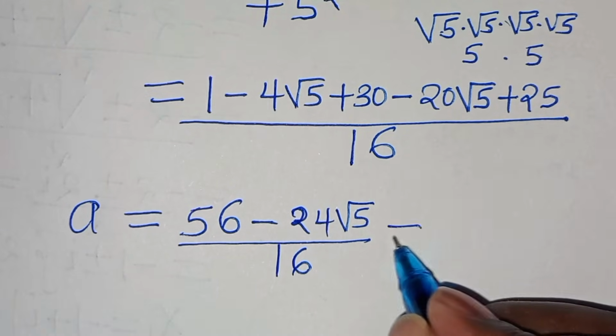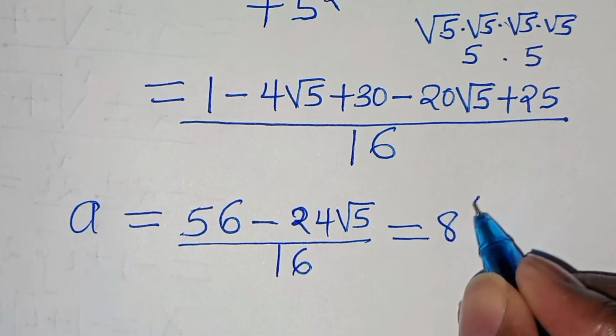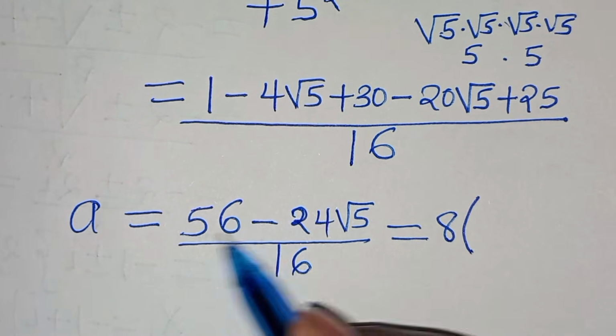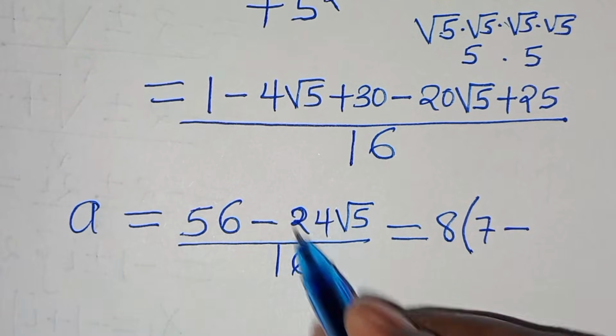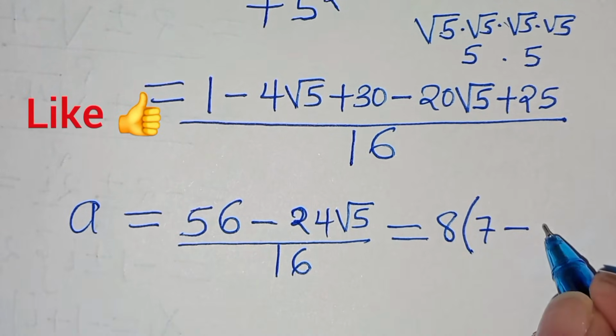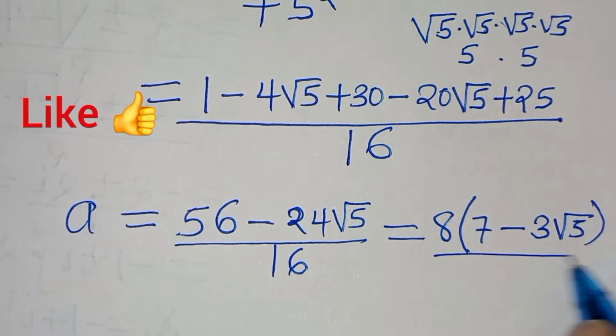Now, if we check in the numerator here, we can factor out 8 so that you'll have into the parentheses 56 divided by 8, this is 7, minus 24 divided by 8, this is 3 square root of 5, then divided by 16.